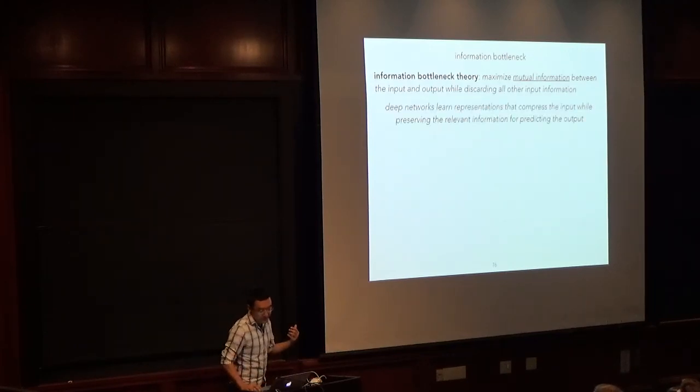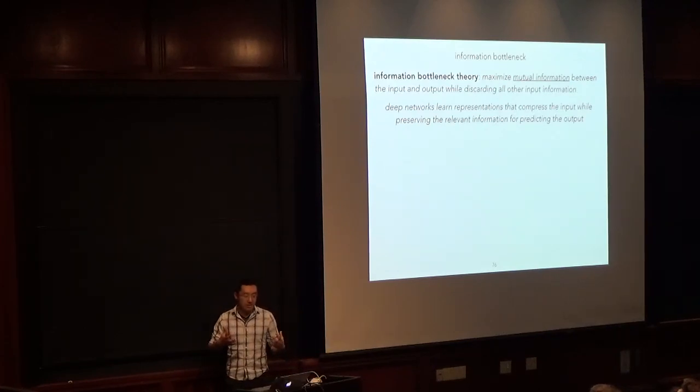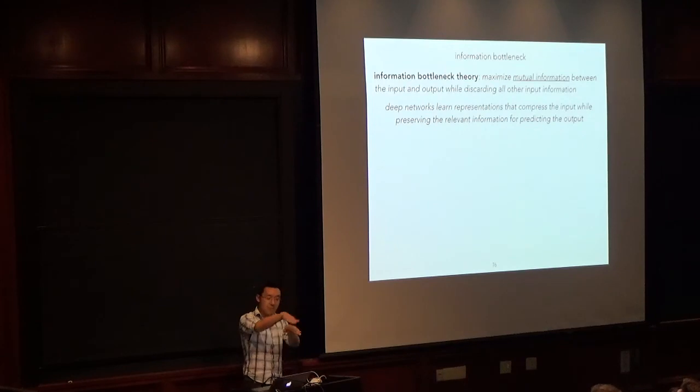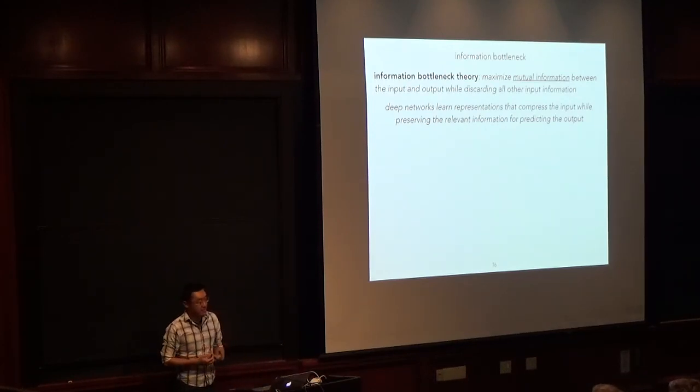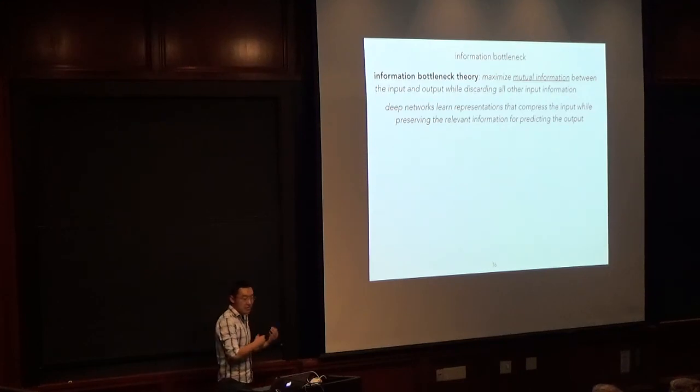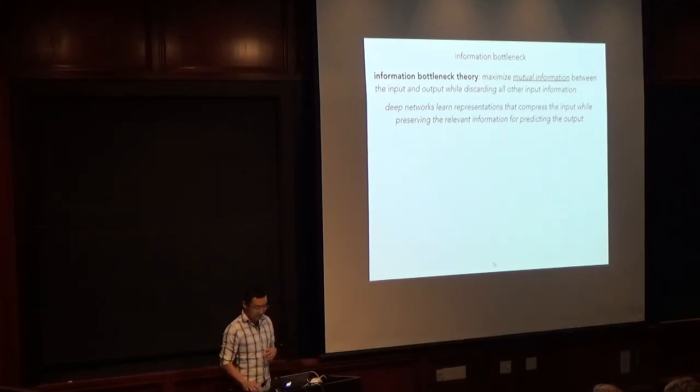So some people have said that these types of learning tend to lead to layers of representations that, using information theory, maximize the mutual information between the input and the output while discarding information that is irrelevant to them.